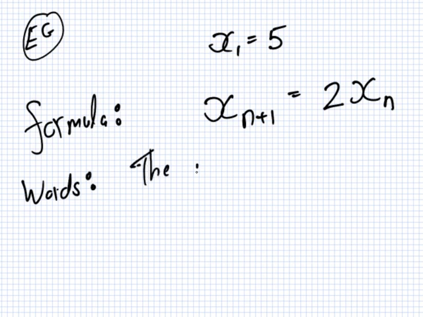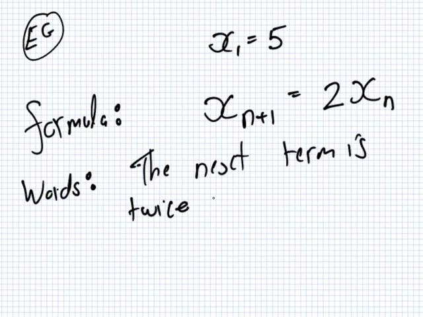The next term is, not quite twice the first term. The next term is twice the present term, or the nth term if you prefer. Yeah? So using this formula, see if you can figure out the first 3 numbers.